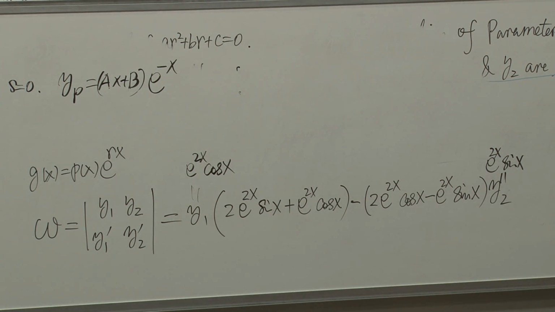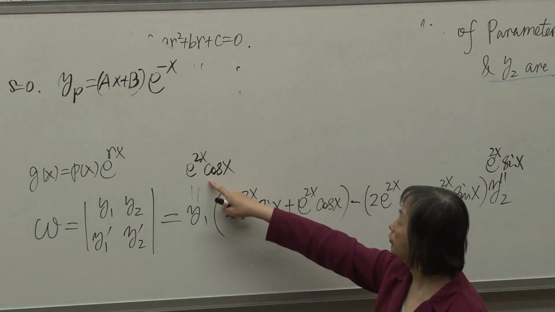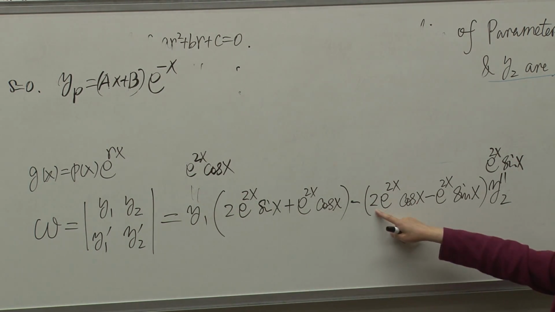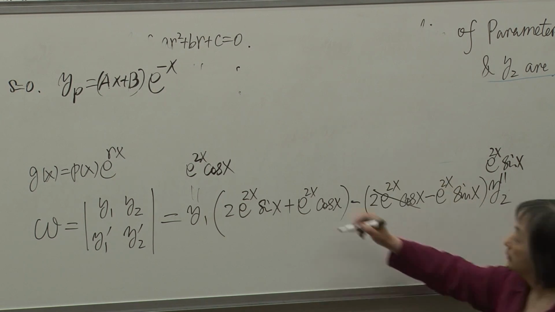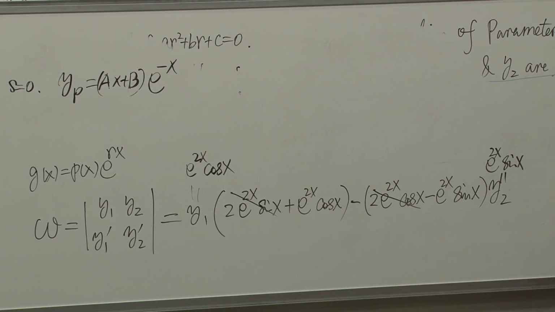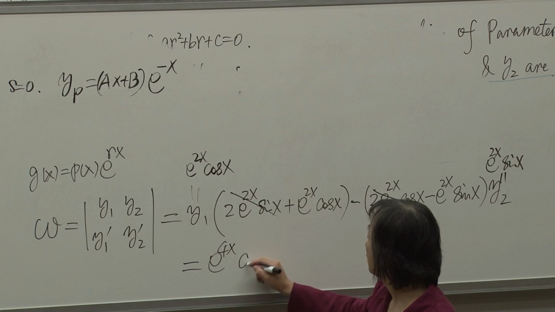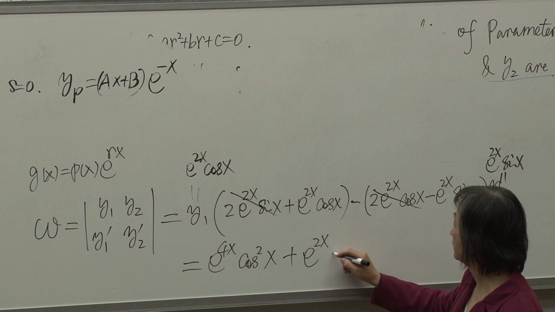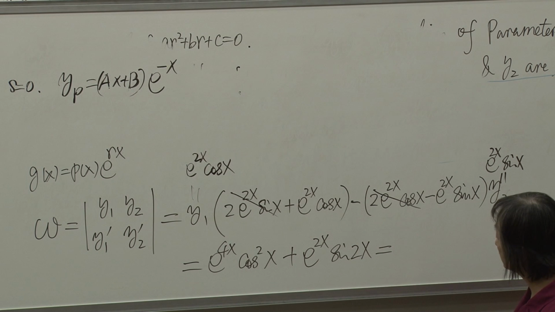Then we realize that we can cancel out some functions. We get 2 times e to 4x times sine x cosine x here. We also have 2 e to 4x times sine x cosine x, so we can cancel these two. And then the remaining two terms are e to 4x cosine of x squared plus e to 4x sine of x squared.